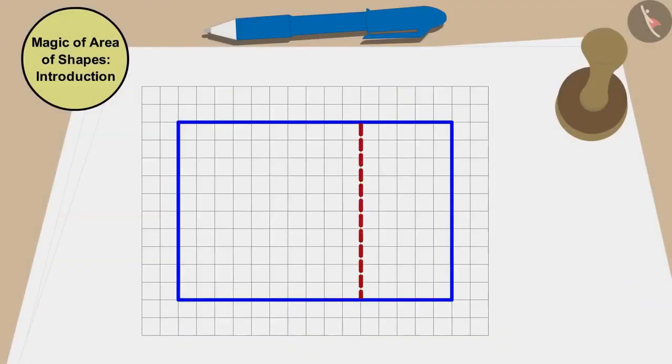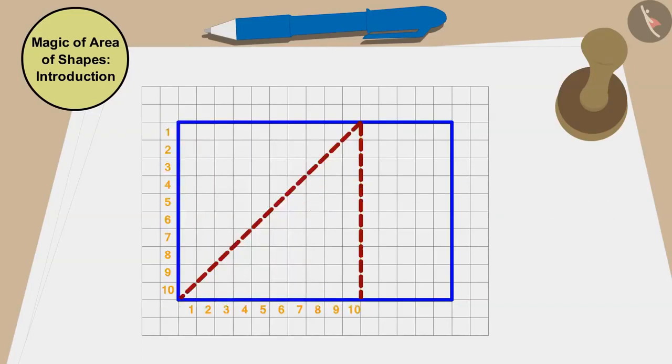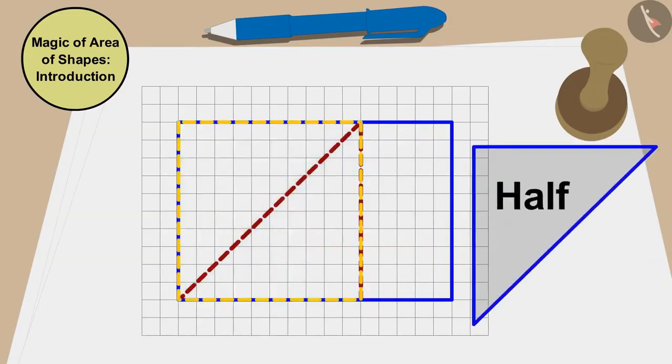In this way, we can draw a rectangle by drawing a vertical line. And then one can draw 2 similar triangles by drawing a slant like this. If we look closely, we will find that both the triangles are half of this square.